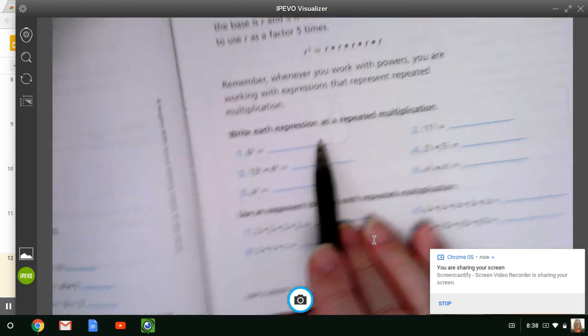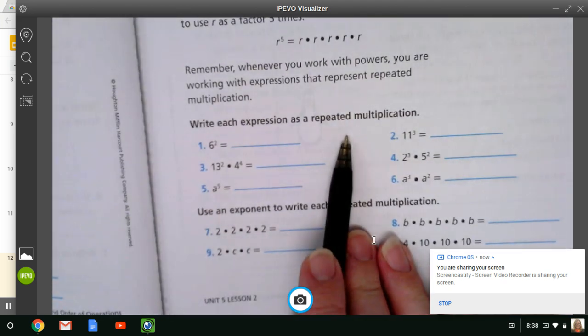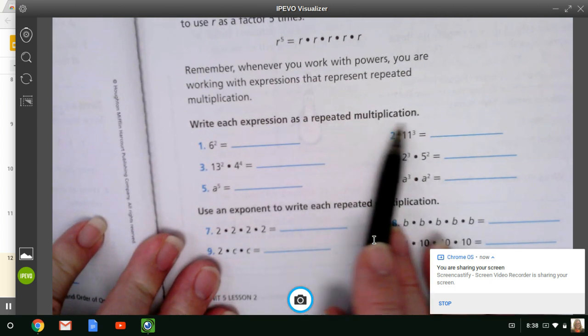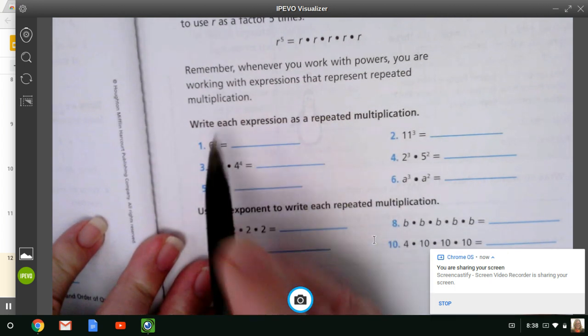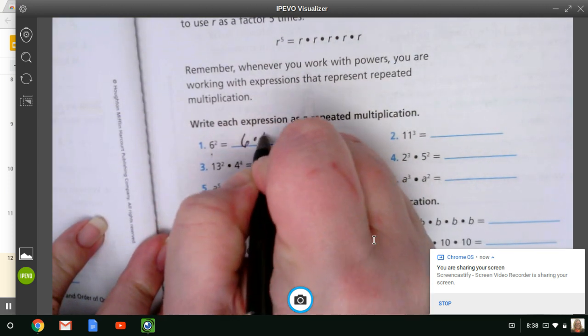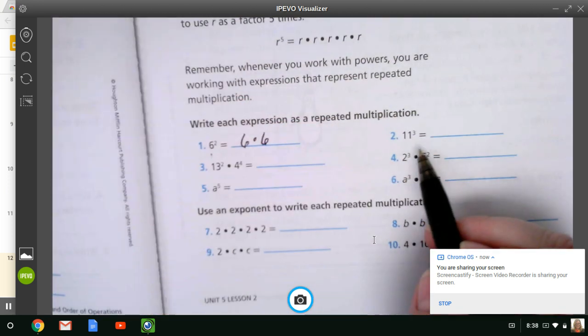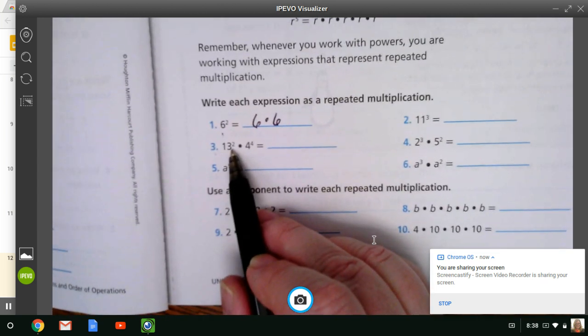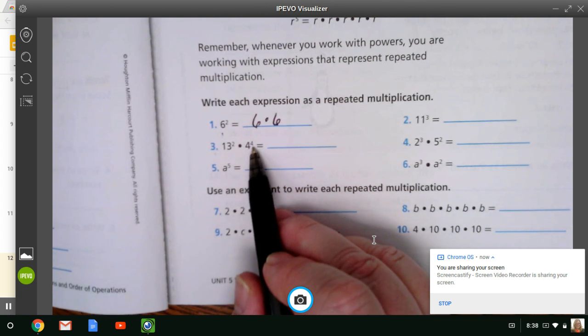Write each expression as a repeated multiplication. So you're not solving these, you're just writing repeated multiplication problems. So 6 to the power of 2 would be 6 times 6. Let's try number 3. 13 to the power of 2 times 4 to the power of 4.